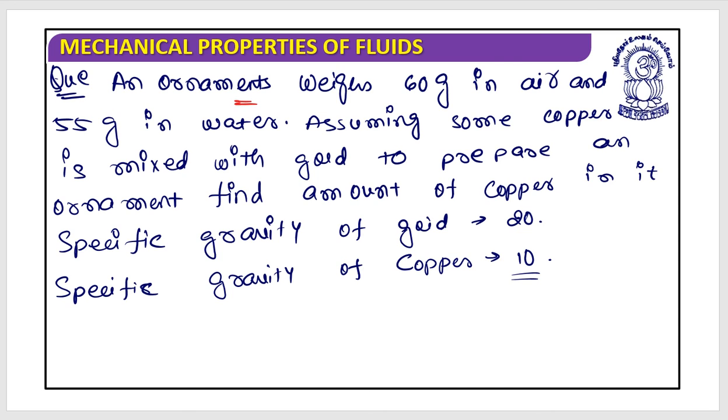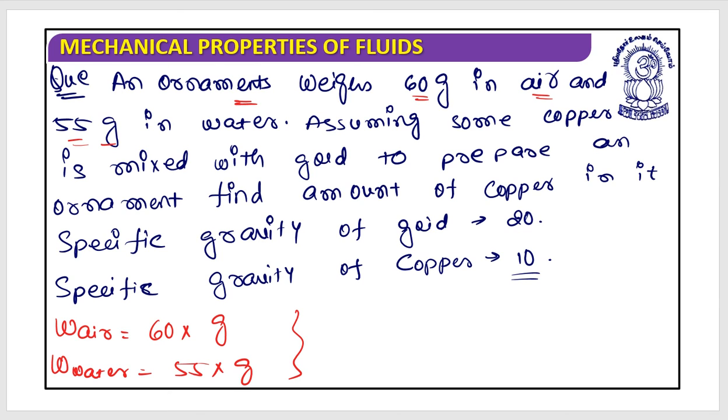They said an ornament is there which weighs 60 g in the air and 55 g in the water. So the weight in air is 60 g, and the weight in water is 55 g. Assuming that some copper is mixed with the gold to prepare an ornament, find out the amount of copper.